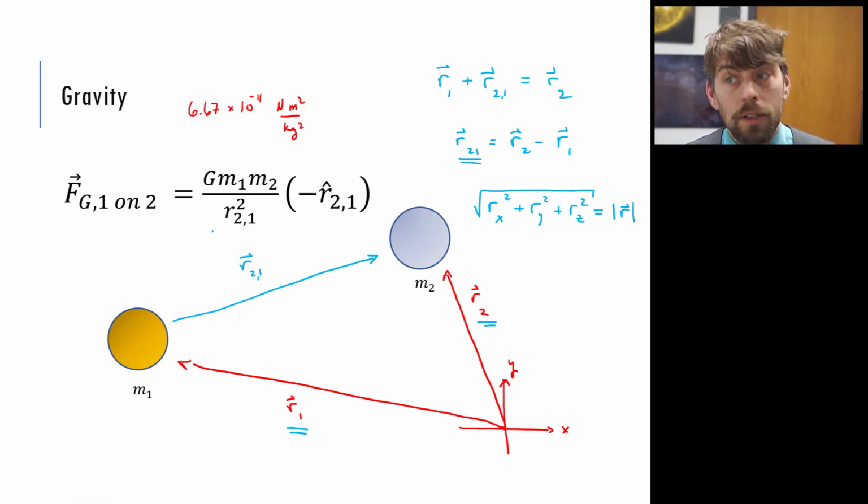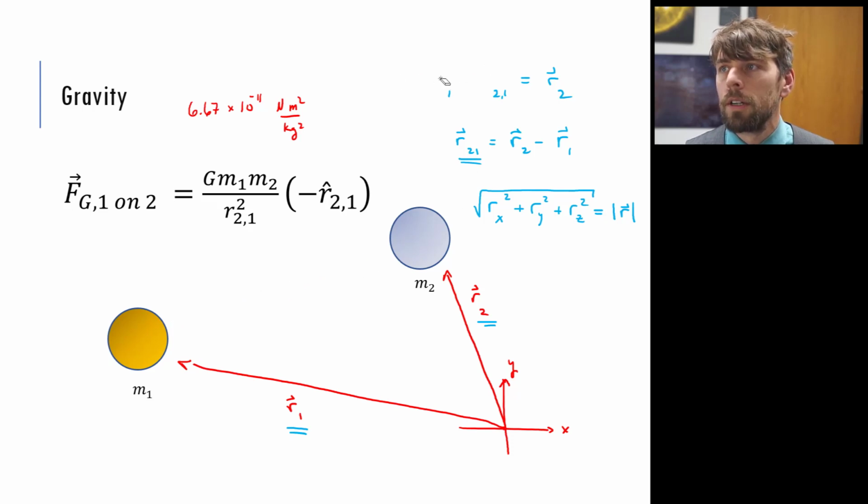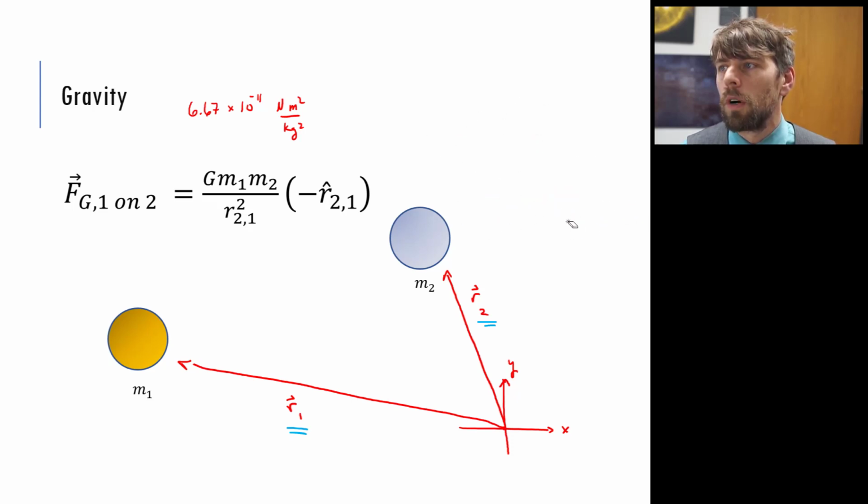I'm going to go ahead and erase this information for clarity of our image. But you notice that the relative position vector starts on object 1 and points to object 2, in this direction. Now the next question: we have a hat notation here.